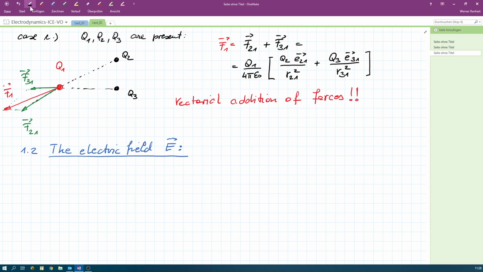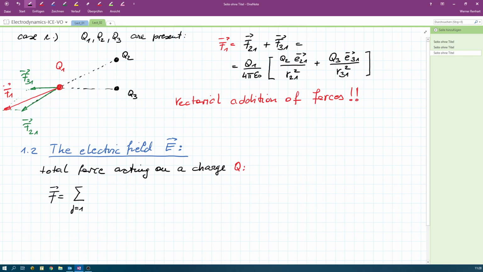The total force acting on a charge Q, and it's always meant an amount of charges Q, is F equals the sum over all j running from 1 to uppercase N of Q times qj over 4 pi epsilon 0 ej over rj squared.